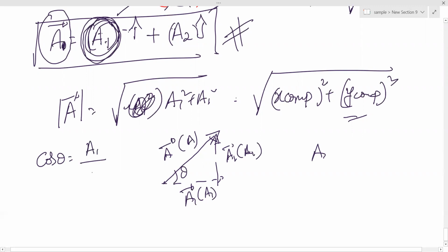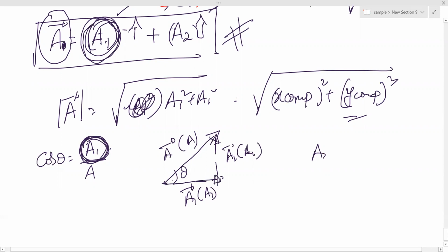Cos theta is adjacent side by hypotenuse. Adjacent side, adjacent or base?